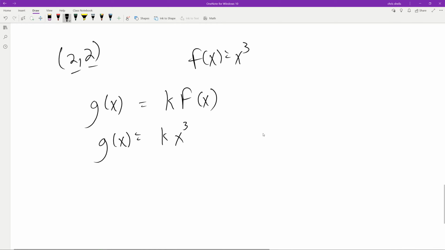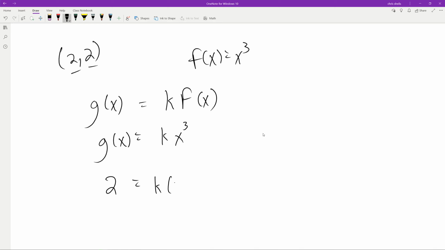Notice that the point 0, 0 doesn't do us any good here, because if I plug 0 in for x, then I get k times 0, which is 0, and that doesn't let me solve for k. So I needed one of these points that didn't have an x value of 0. So I'm plugging 2 in for g of x because I had a y value of 2 at this point.